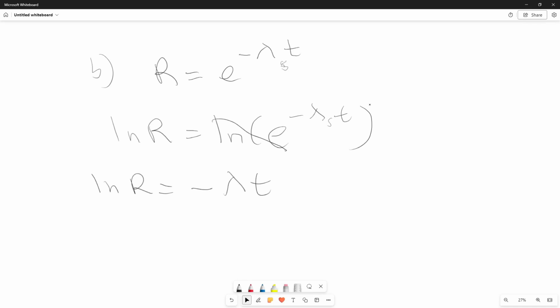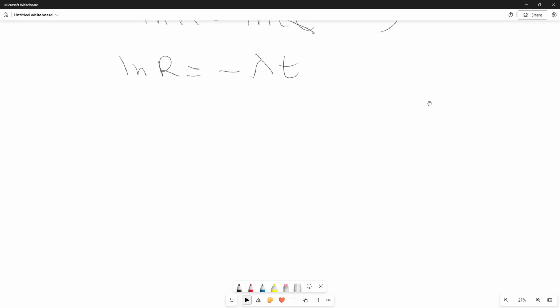You can leave the s. So t, if we divide both sides by negative lambda, gives us negative ln R over lambda, and then we can put the lambda s.